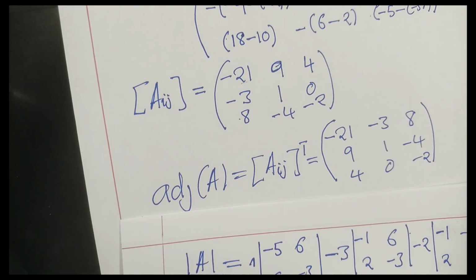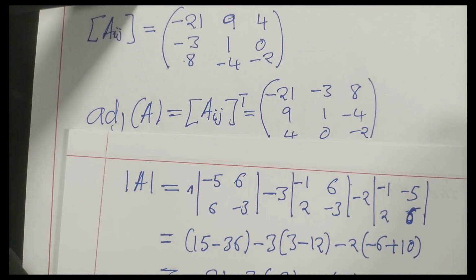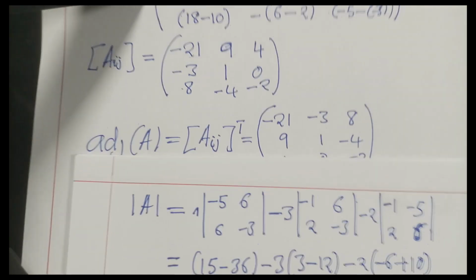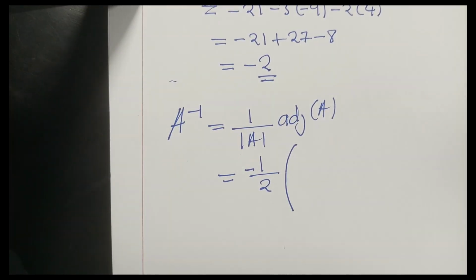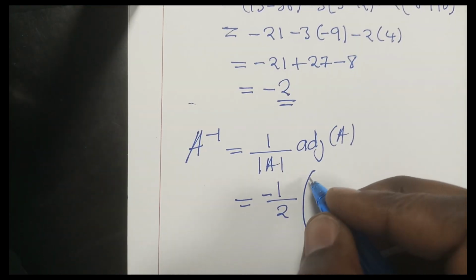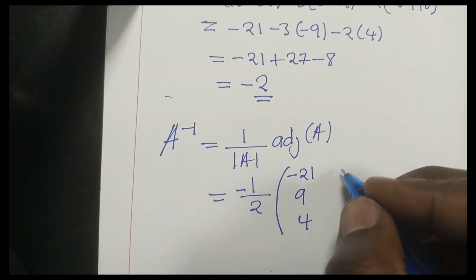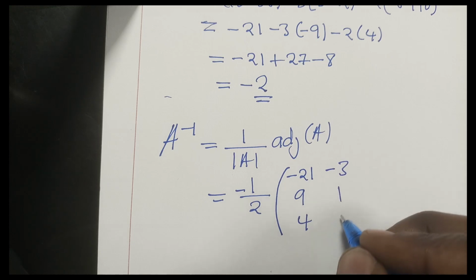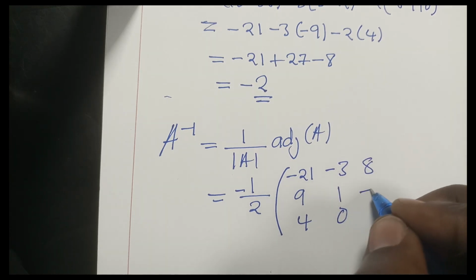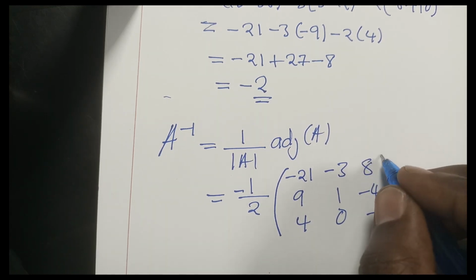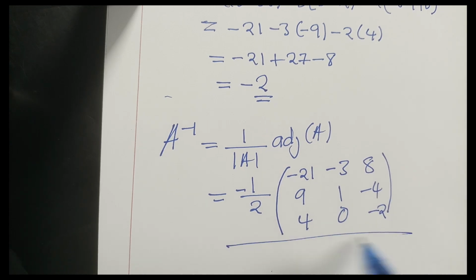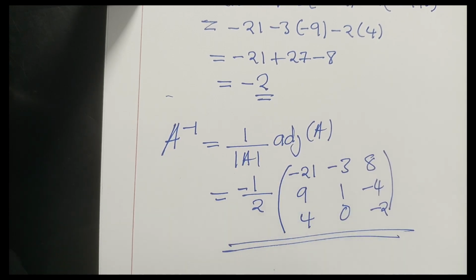Well, where is it? That is the adjoint. So we're substituting now by that, which we found is to be minus 21, 9, 4, minus 3, 1, 0, 8, minus 4, minus 2. This is the inverse of our given matrix.